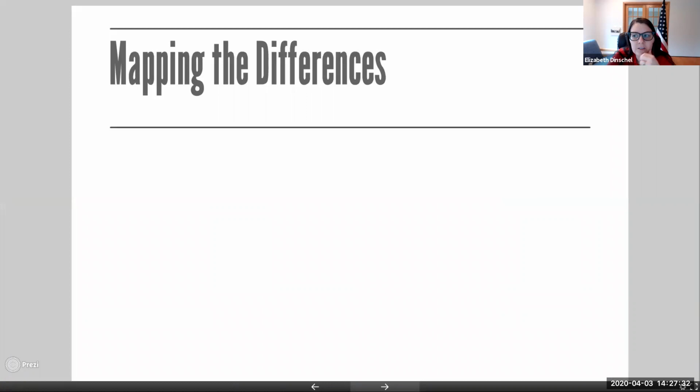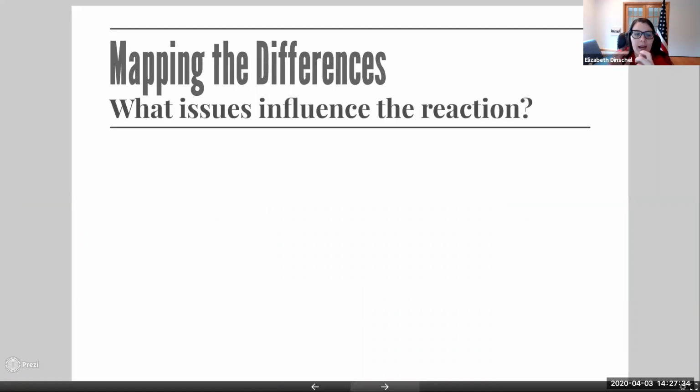So I want us to look at these differences, and I want you guys to type in the chat bar for me. What issues do you think influenced the reactions to this tea? Remember, this is a small tea, it's at the White House, and it invoked this huge reaction from the country. We have states voting to reprimand the First Lady for having a tea. We have letters pouring into the White House threatening the First Lady.